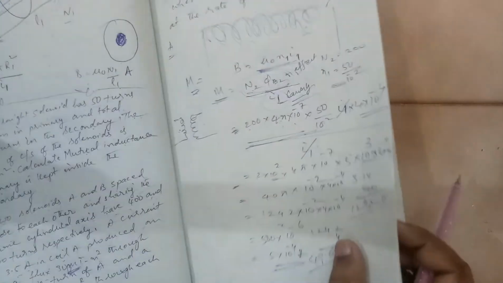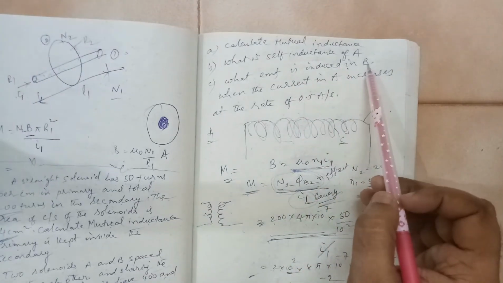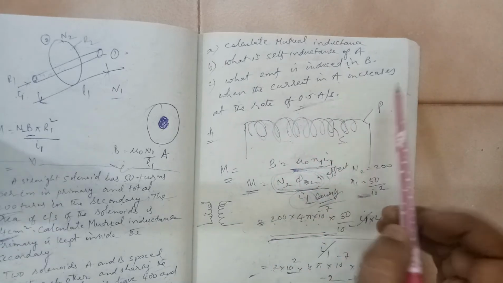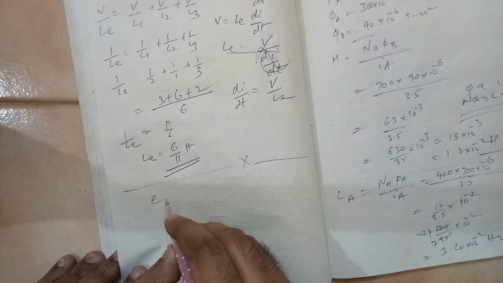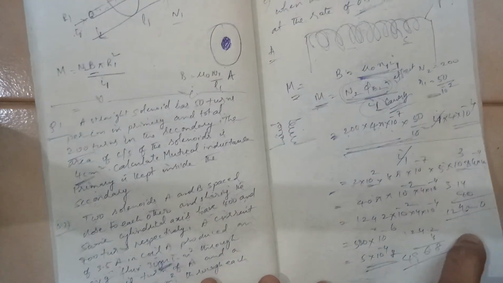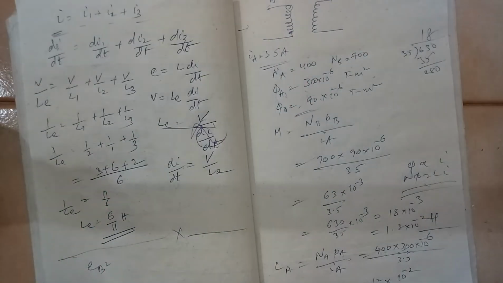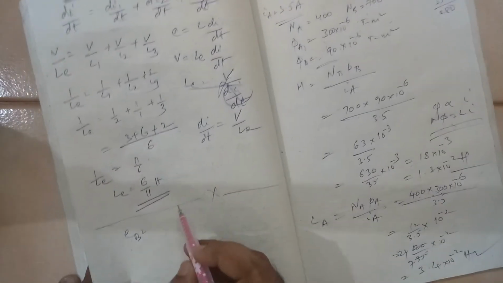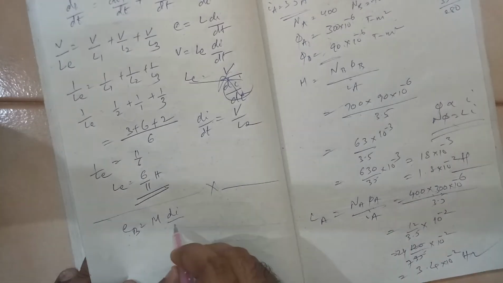Now let's move to the third one. What EMF is induced in B when the current in A increases at the rate of, this is the rate of change of current, di by dt is given. He is asking you what is the induced EMF in B. Now there is a question of mutual inductance. So EB is equal to, the basic definition, mutual induction multiplied by di by dt.